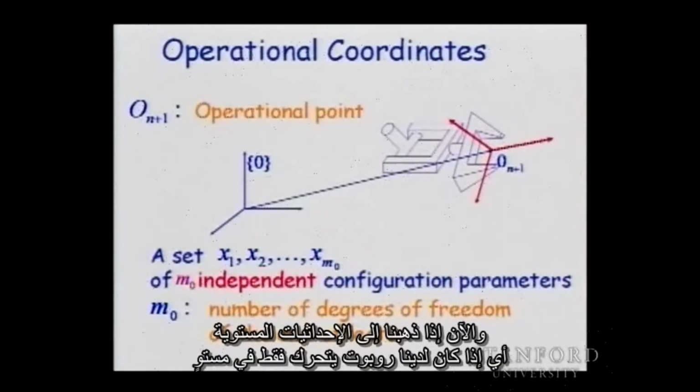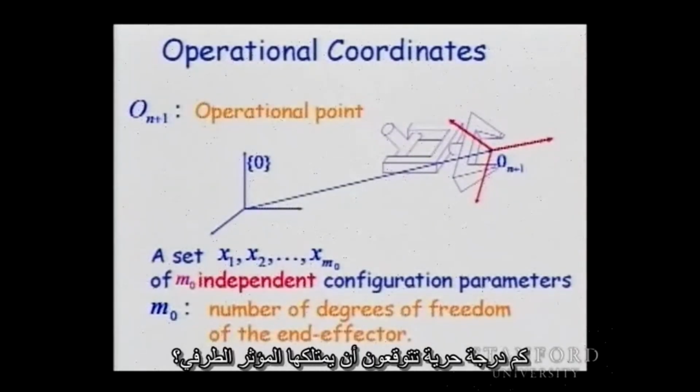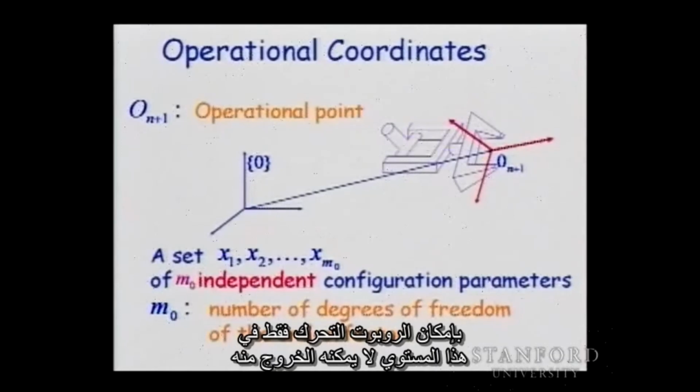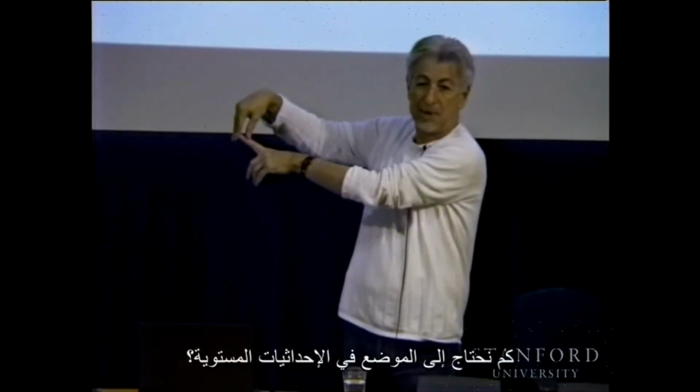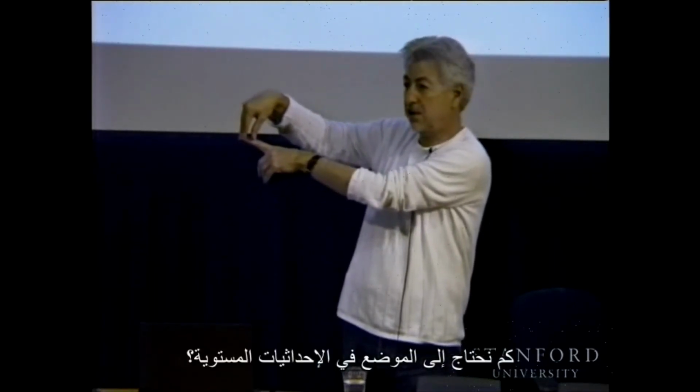Now, if we go to the plane, if we have a robot that is moving just in the plane, how many degrees of freedom do you expect to see for the end effector? My planar robot is moving only in the plane. It cannot go out of this plane. For the position, how many do we need in the plane? 2, X and Y. And for the orientation, 1, only 1.